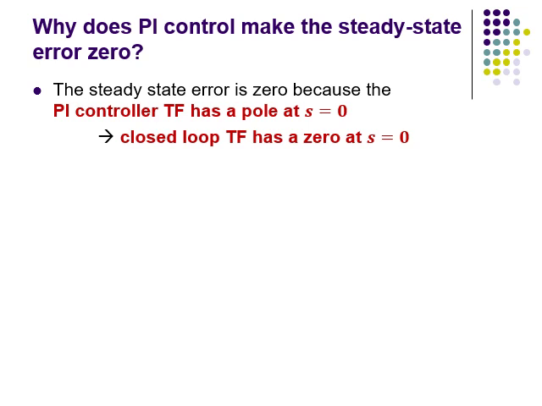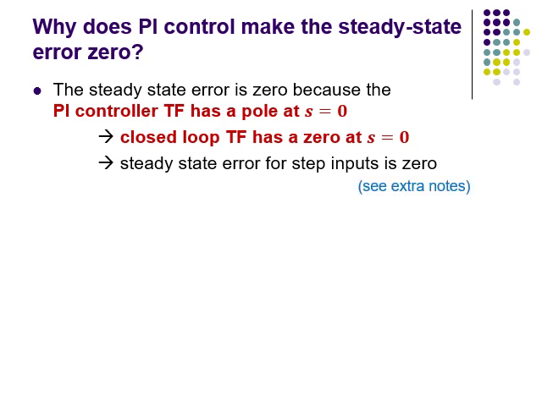It has an s in the numerator, and this means that in the steady state the error for a step input will be 0, and you can show this using the final value theorem. When we take the limit as s goes to 0, we find that also the steady state error goes to 0. So the details of the mathematics are given in the extra slide at the end of the lecture.